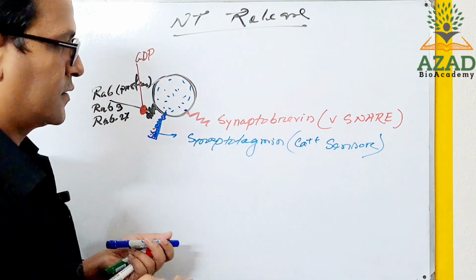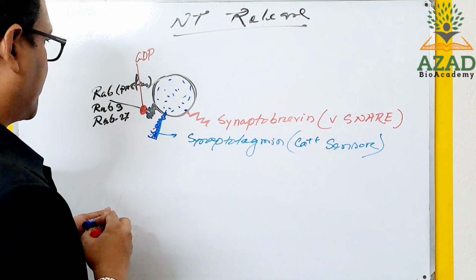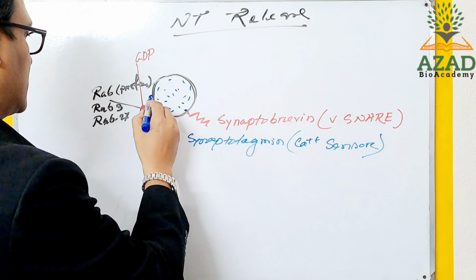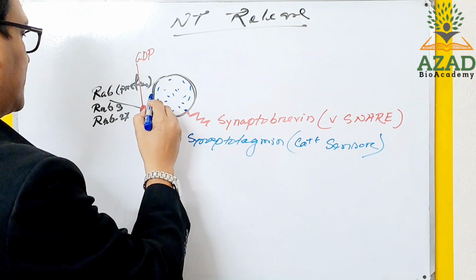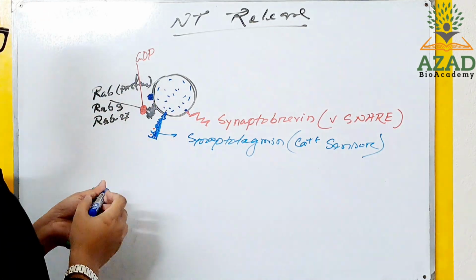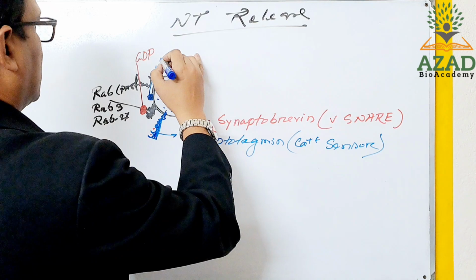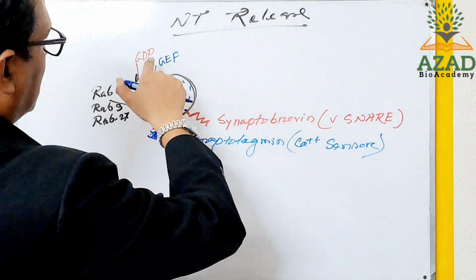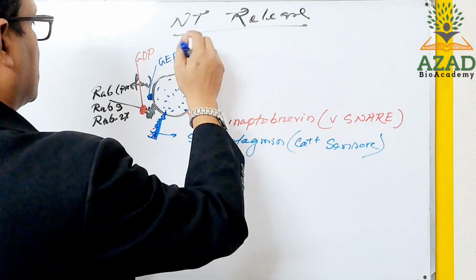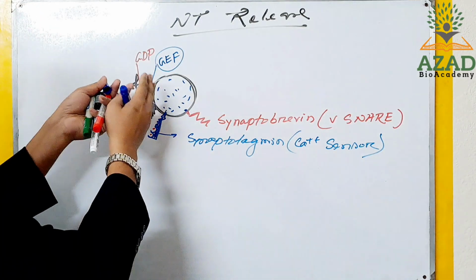That is the initial, inactive stage. And besides this, another attached protein comes from another site, attached with the membrane, pre-attached, and this protein is the guanine nucleotide exchange factor. Okay, so this is the GEF, which is initially attached with the membrane.